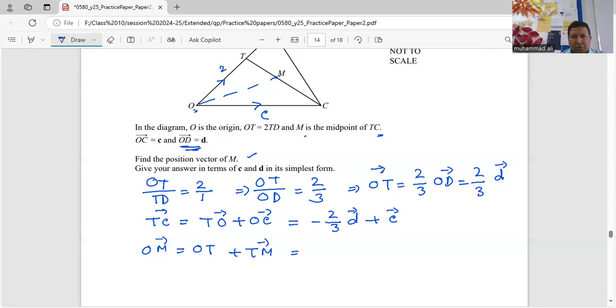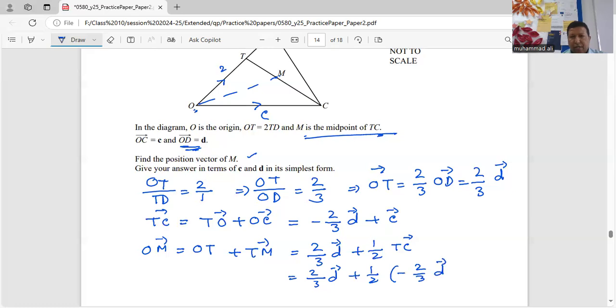OT equals 2 by 3 D vector, and M is the midpoint of TC, so TM equals half of TC vector. So 2 by 3 D vector plus half into minus 2 by 3 D vector plus C vector.